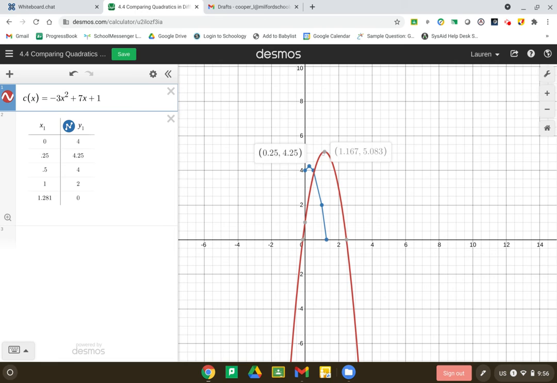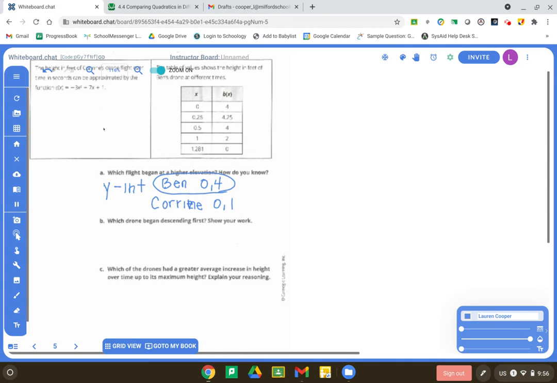So after the maximum is when it started to go down. So it looks like Ben's descended first. And that's what happens after the maximum.